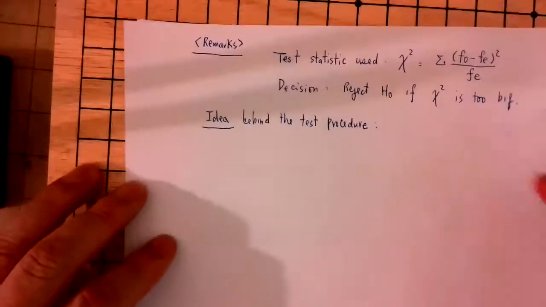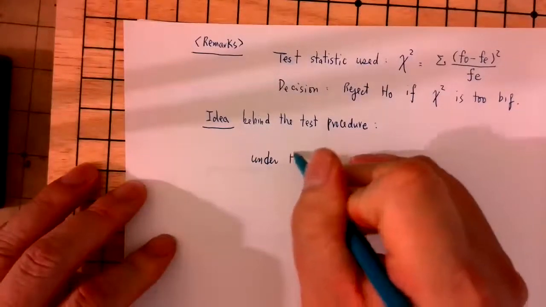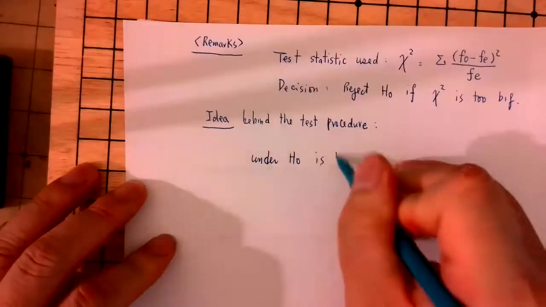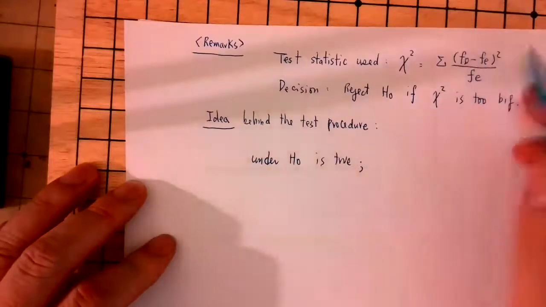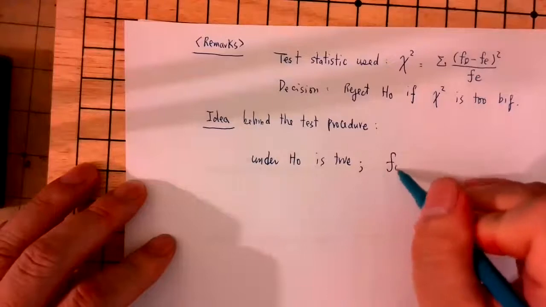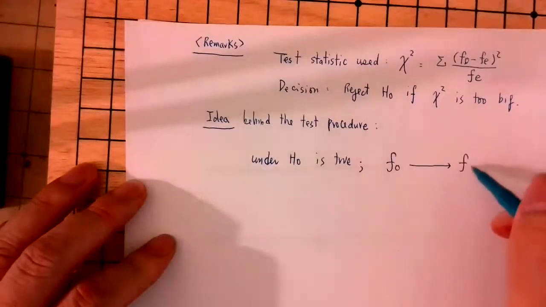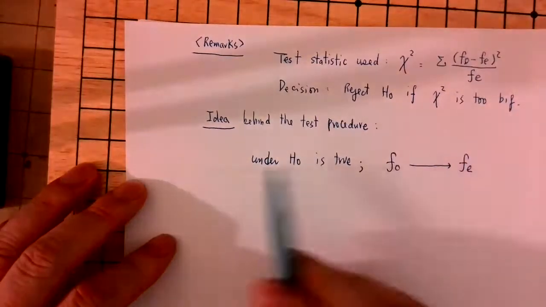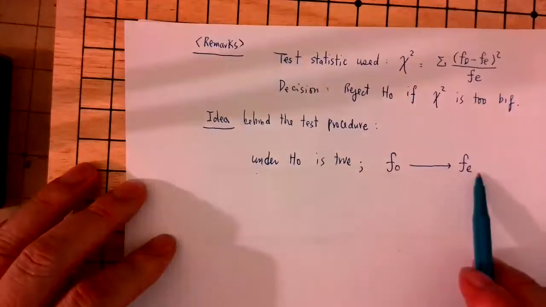Look here. Under H0 true, what we observe should be close to what we expect.